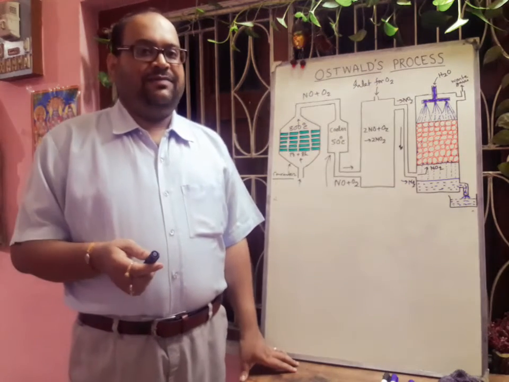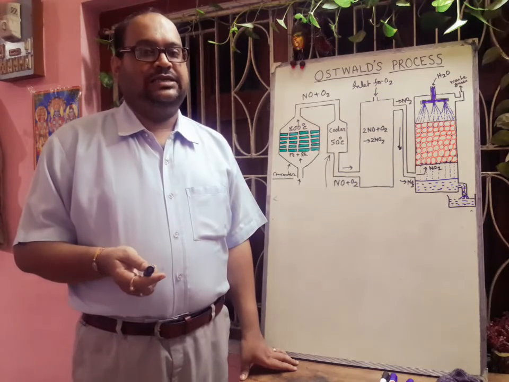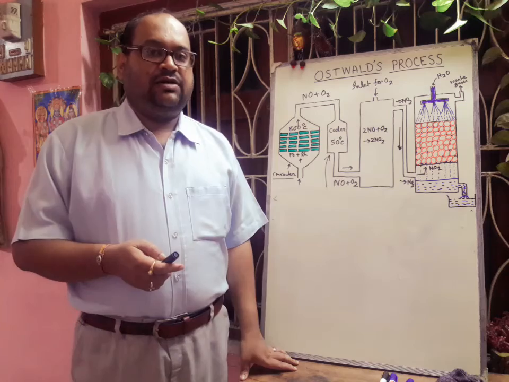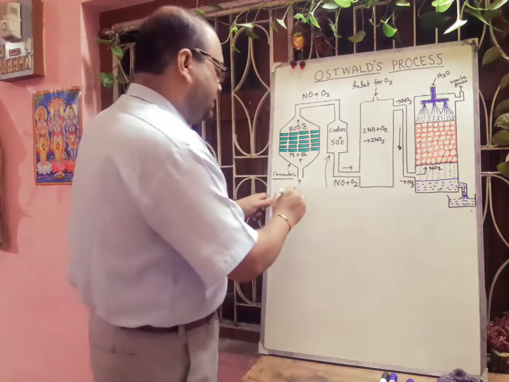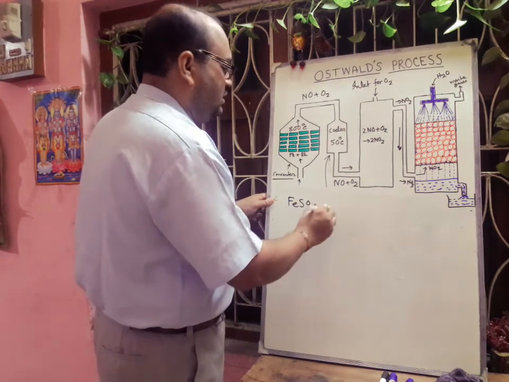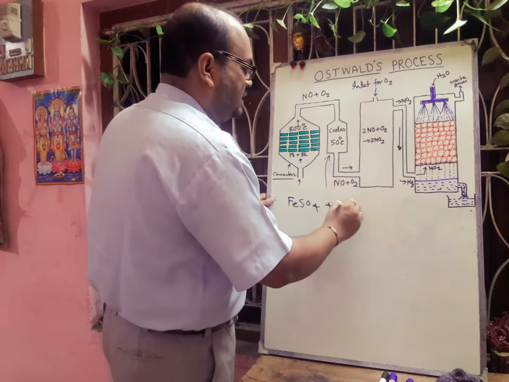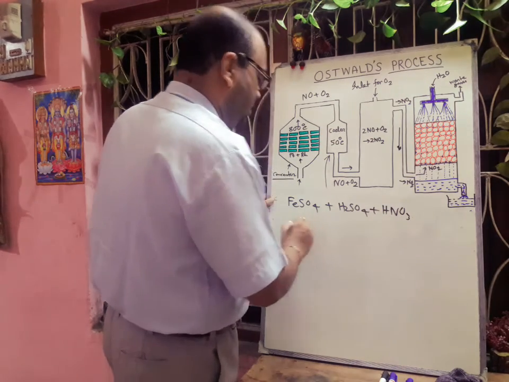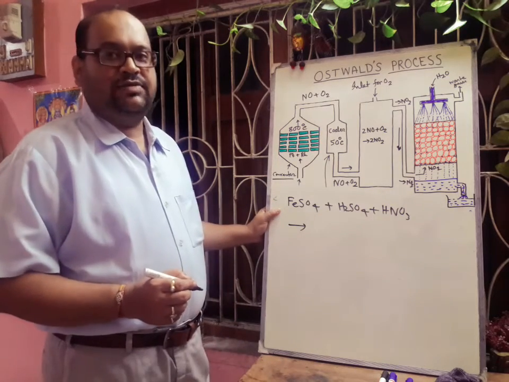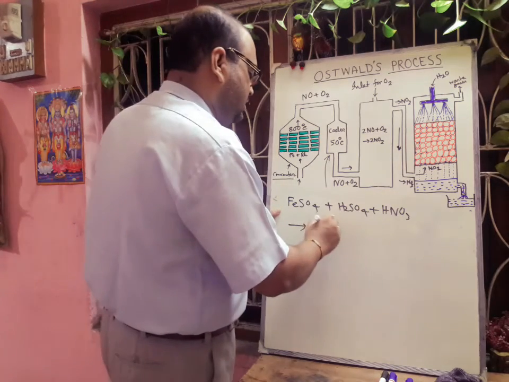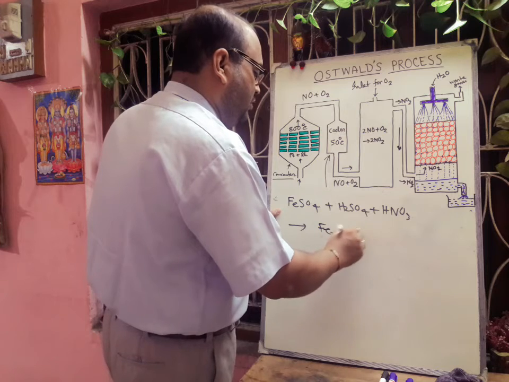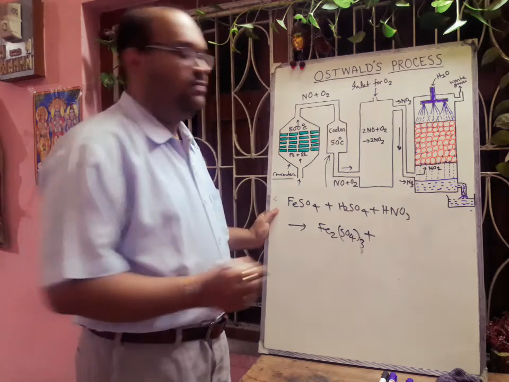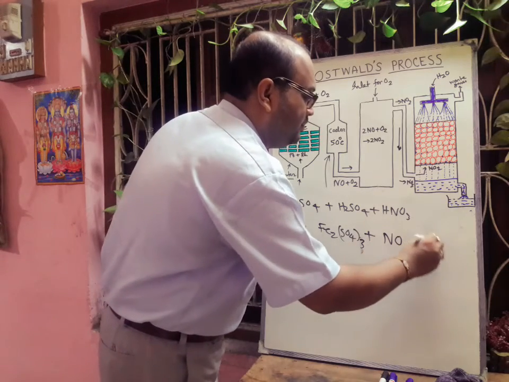Now what is the reaction? Actually, ferrous sulfate will react with this dilute nitric acid in presence of sulfuric acid, forming nitric oxide. So the reaction is ferrous sulfate reacting with sulfuric acid and nitric acid, here we are taking dilute, forming ferric sulfate, Fe2(SO4)3, plus nitric oxide plus water.